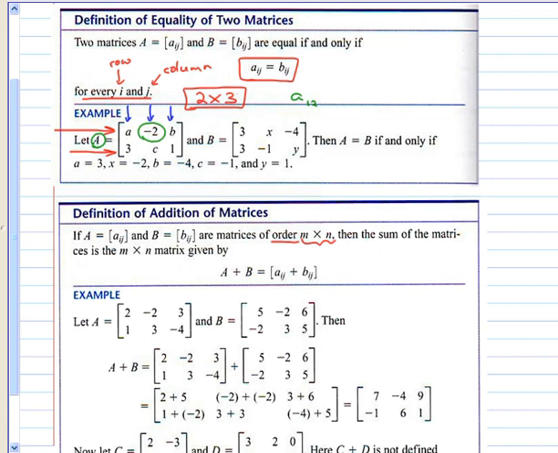Row 1, column 2. It simply indicates the position in the matrix where it is found. So if I ask you, identify for me B sub 23.